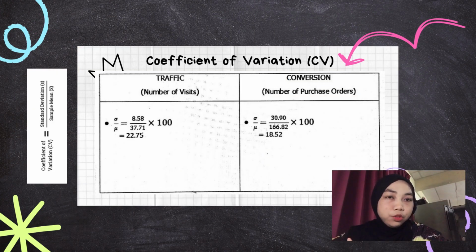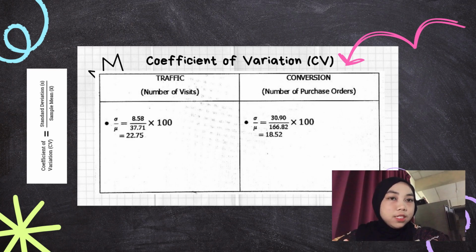Last step, we need to find the CV, coefficient of variation. As we can see, the CV of the number of visits is slightly higher than the CV of number of purchase orders. This suggests that the number of visits has a slightly higher relative variability compared to the number of purchase orders.